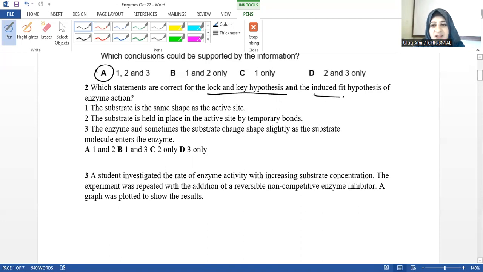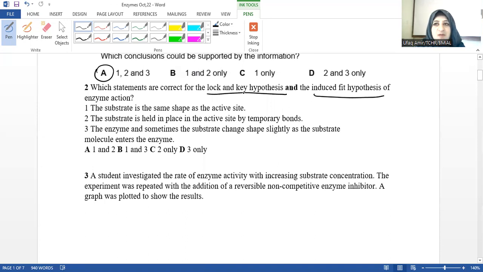But the latest theory is the induced fit hypothesis, which says that both enzyme and substrate can slightly change their shapes in order to fit into each other. So in order to fit properly, they both can change their shape slightly.